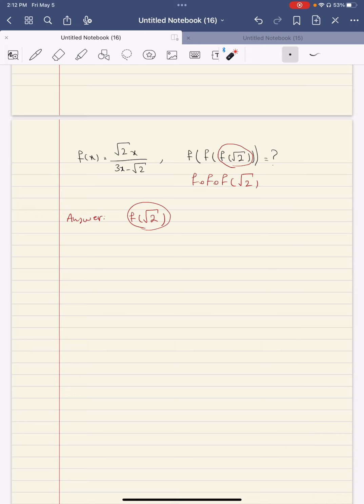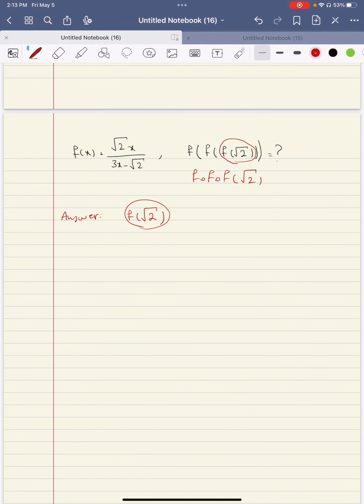Then we have to find the f of that value. After finding the f of that value, all of these will be gone, and you have to replace a value for that, and you will be finding the f of that value at the end. So first off, we should find the f of root 2 to replace here.